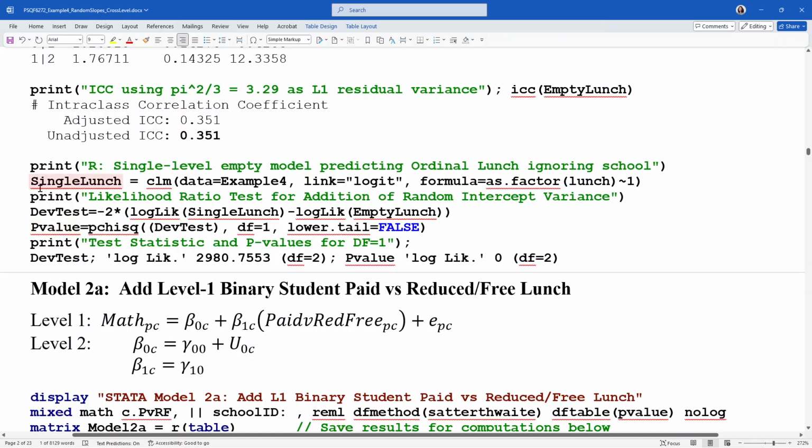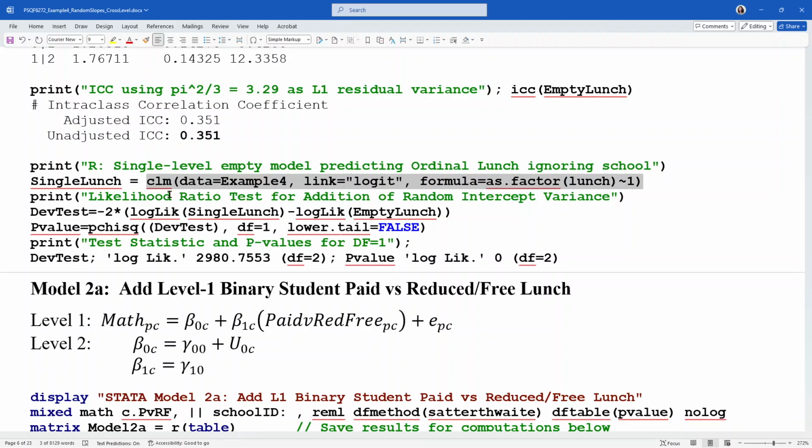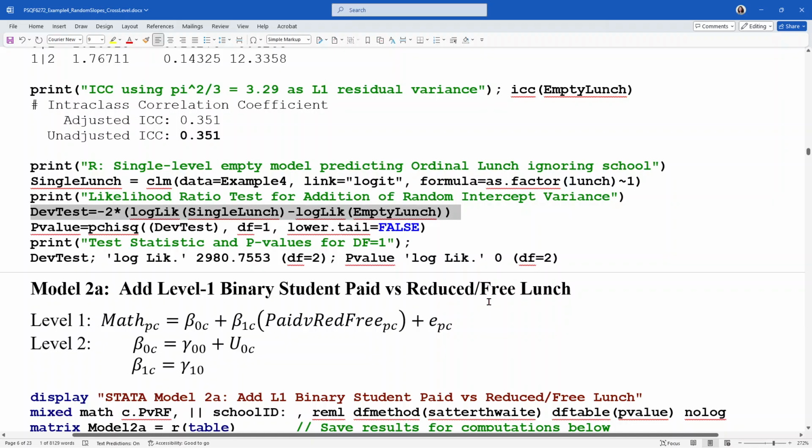to do the likelihood ratio test, ANOVA wouldn't work, and so I was like, screw it, I'm just going to do it myself. So I had to fit the reduced model, which is CLM without the second M, because that is a single level ordinal regression. This is what I used in the generalized class. And then compute the likelihood ratio test myself.